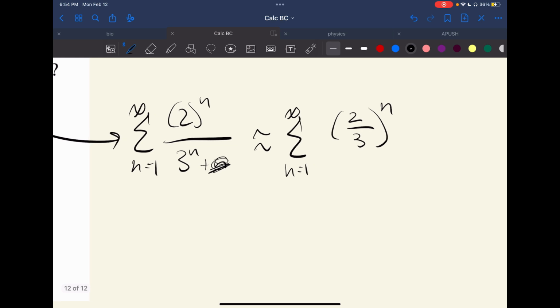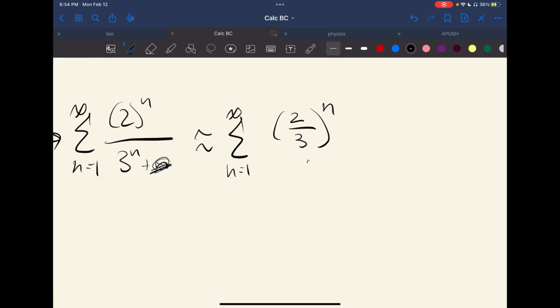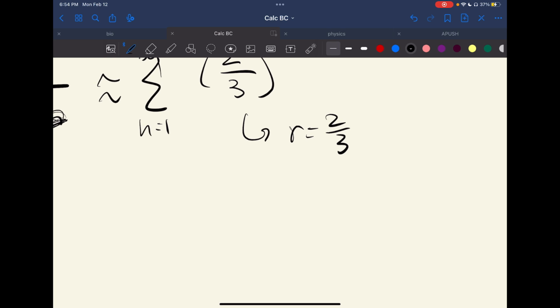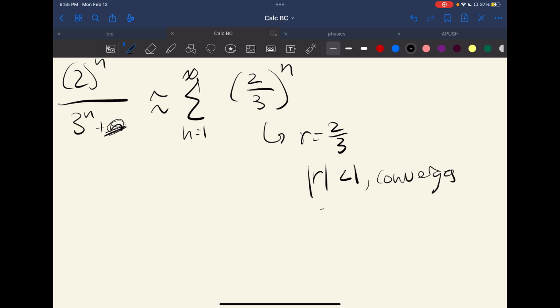And that is a geometric series in which r equals 2 over 3. And basically, knowing what we know about geometric series, if r is less than 1, then it converges, right? So since r is equal to 2 over 3, that is less than 1, then this geometric series will converge.